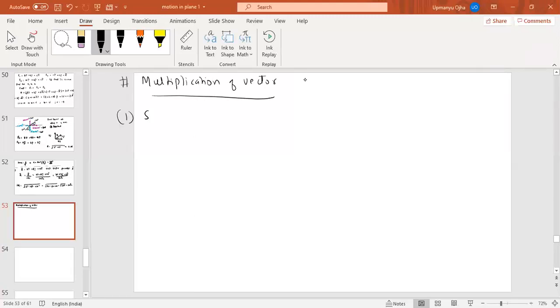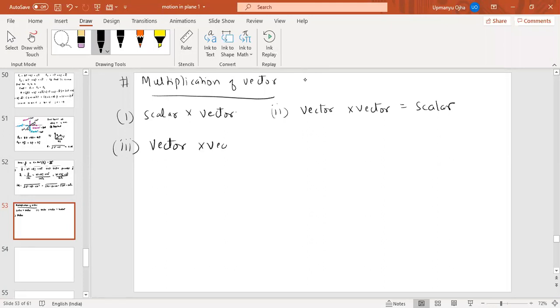The first is a scalar quantity with a vector quantity. The second is multiplication of a vector quantity into a vector quantity, where the answer comes as a scalar. The third way is a vector into a vector quantity, and the answer will also come in vector form.